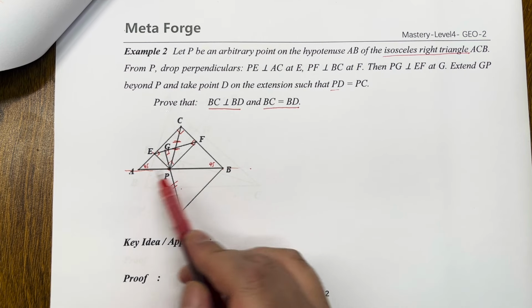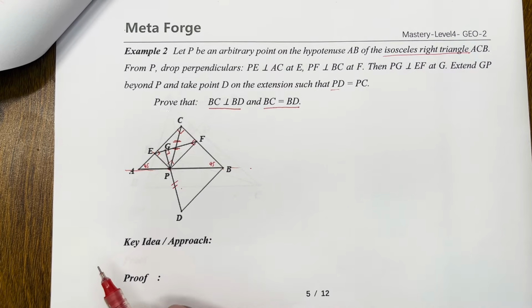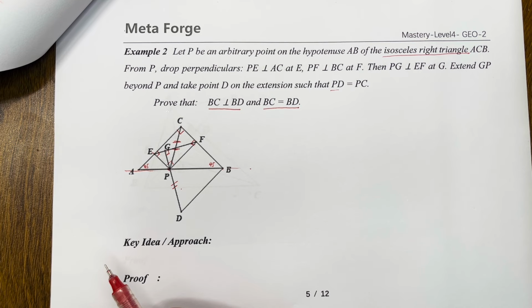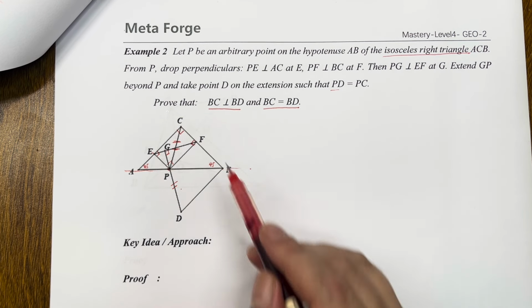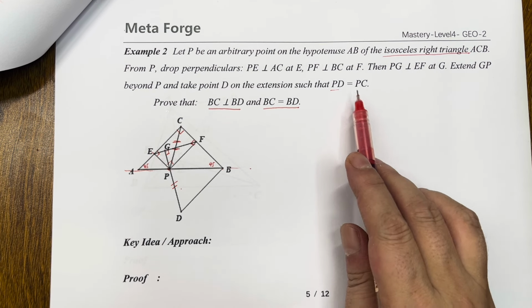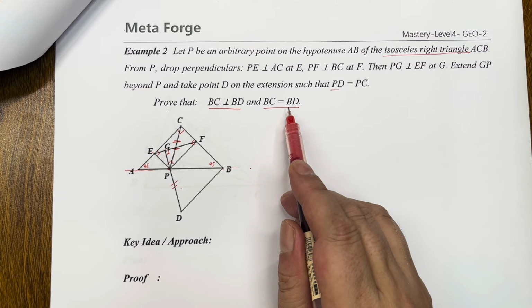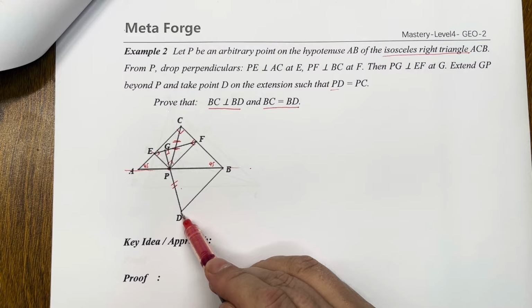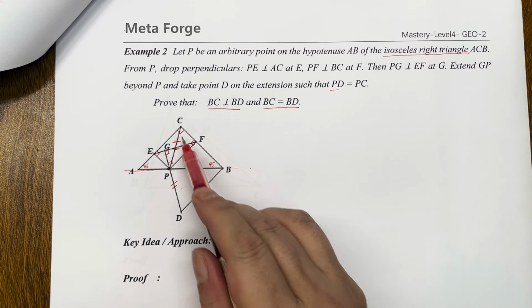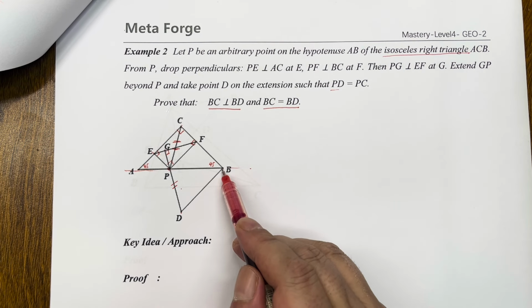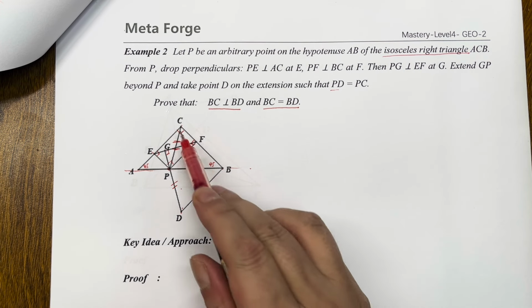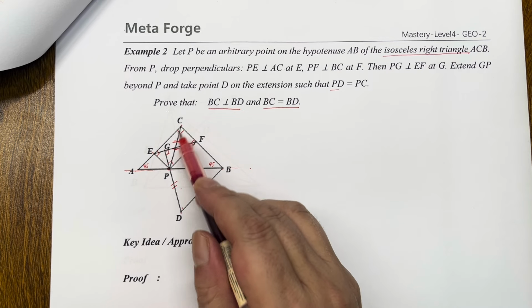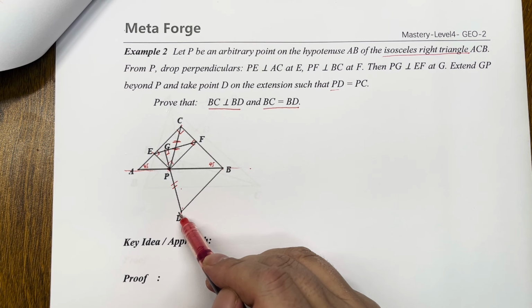AB is near the axis, because BC equals BD. Waiting for proof, but you can assume that they are equal. Okay, CP equals PD.